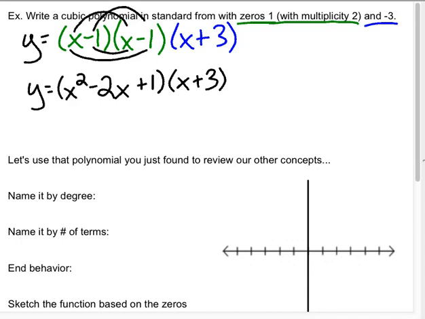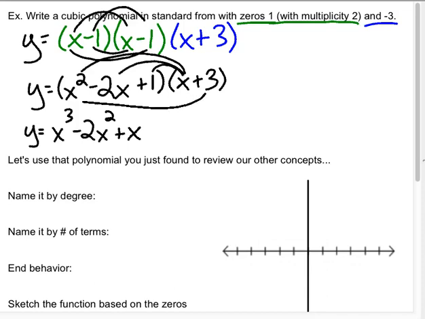Okay, so what I end up doing here is I'll take this x and I'll multiply it to everything. All right, so that's going to become an x cubed minus 2x squared plus x. Then, same thing with the 3.